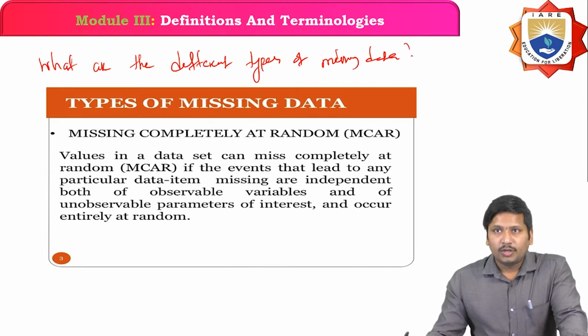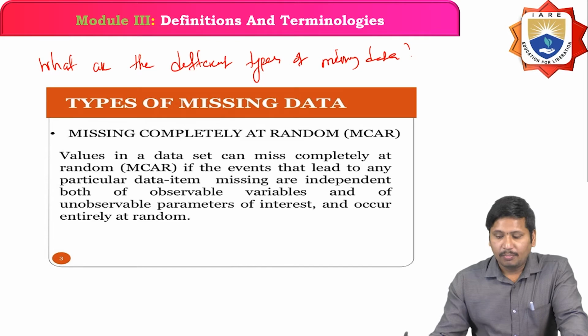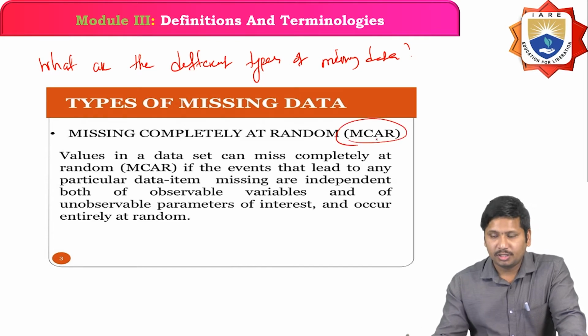For this, we have some types, like missing completely at random, which in short we can write as MCAR.